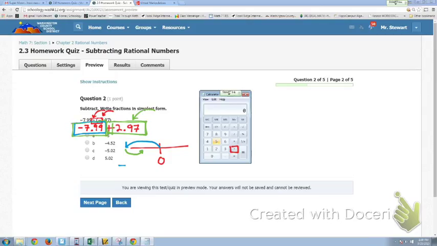So as I'm looking at this, I know that first of all, it's almost like I'm subtracting. I'm finding the difference between these two. Okay, I'm finding the distance from here to here. I'm finding the difference. And so this is subtraction, and I know the answer is going to be negative.